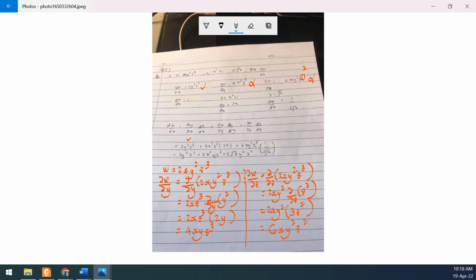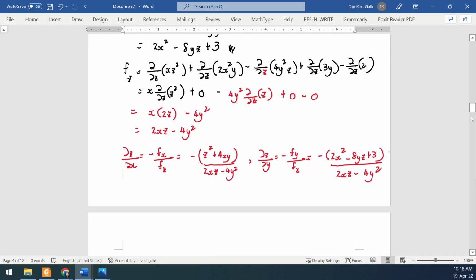The first term is correct. ∂w/∂y is wrong. This one is wrong. dy/dx is 2x, correct. ∂w/∂z, this one is correct, but this one is wrong. That's why I have to do the complete one again.